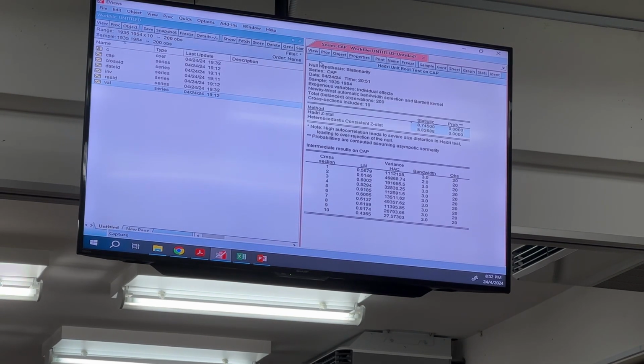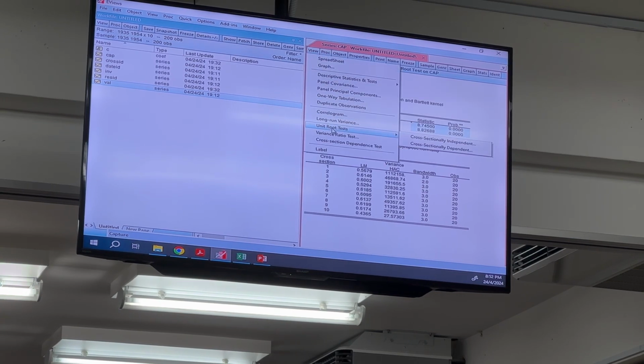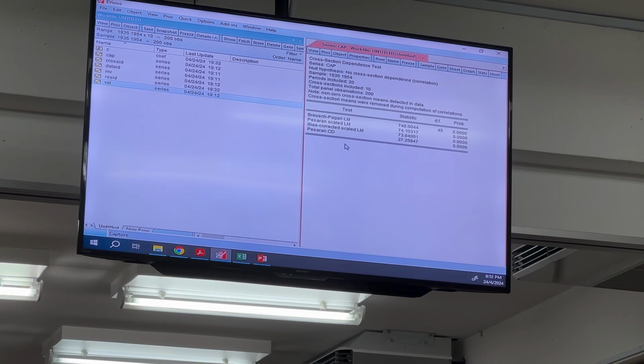Actually, if you want to test for the individual series cross dependency, I think it is here, the cross-section dependence test. So this is a test for the CAP, the same idea as the CD test for the residual, but now it is a CD test for your series.